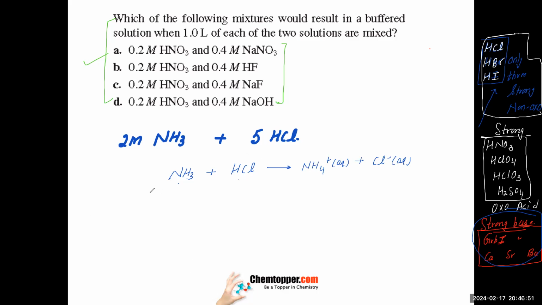Now, initially, what's the concentration of ammonia? 2 molar, and this is 5 molar. These are together in the mixture in 1 liter. How much ammonium initially before the reaction started? 0. Cl minus 0.